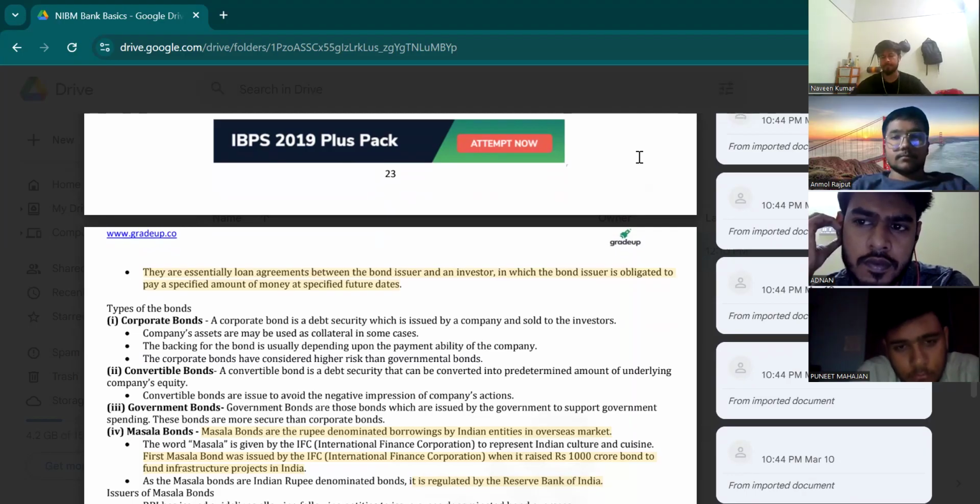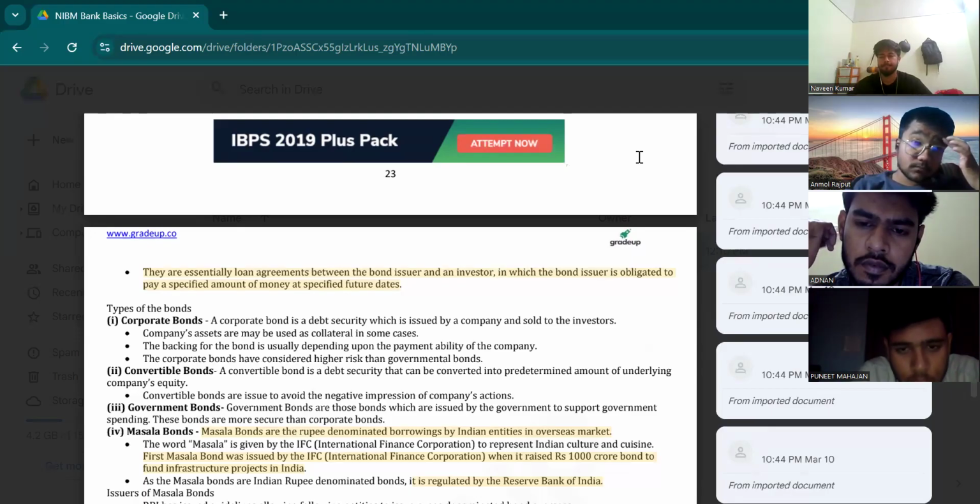If they have given you a bond for that amount, that means you will get 12% interest on the 12 lakh rupees every year until maturity. At maturity, you will get your 12 lakh back. So this is a bond.